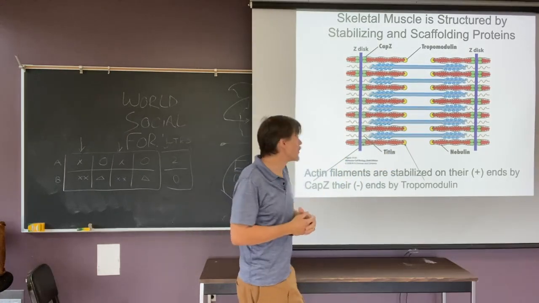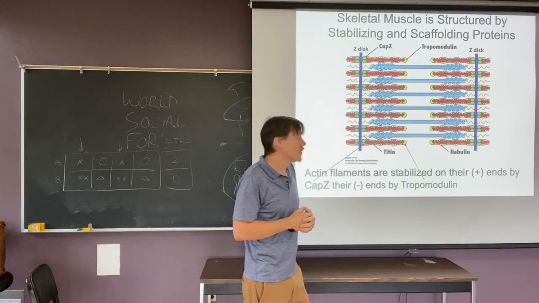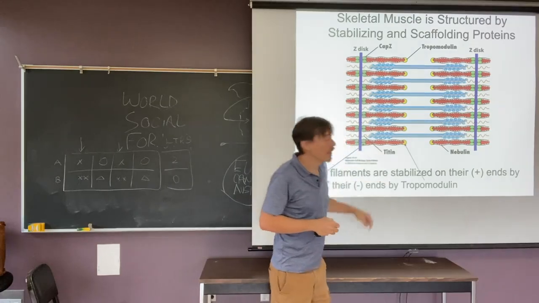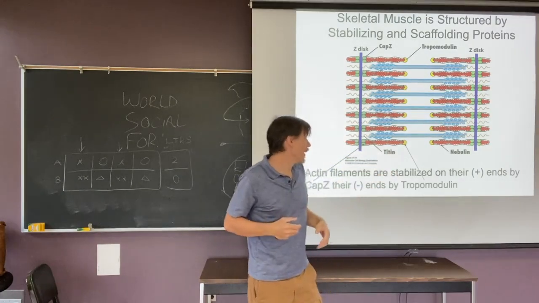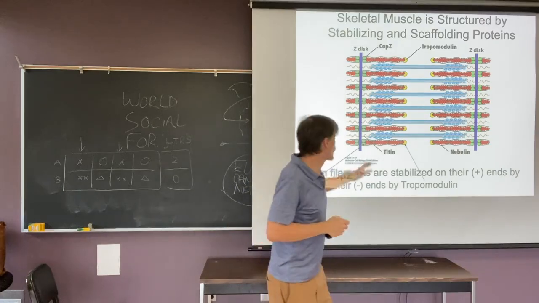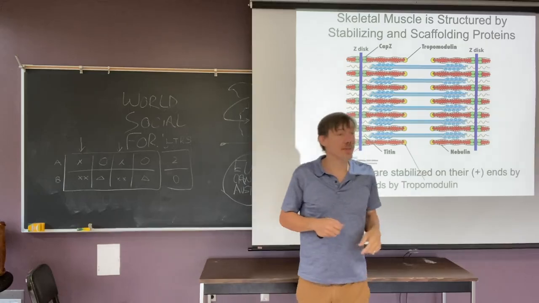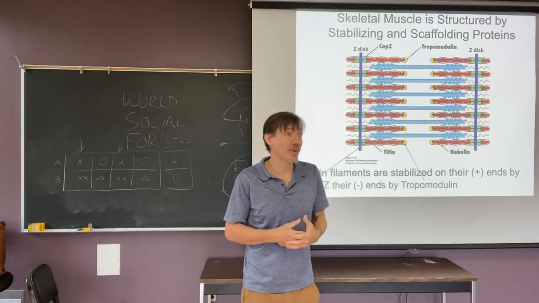So the cells are using different proteins to regulate the length of the actin filaments. And then in addition, there's a couple of other proteins that are just important for the structural integrity of muscles. Titin in particular is important as it bridges the different Z-discs, and it turns out that titin is one of the largest proteins that people have ever discovered.